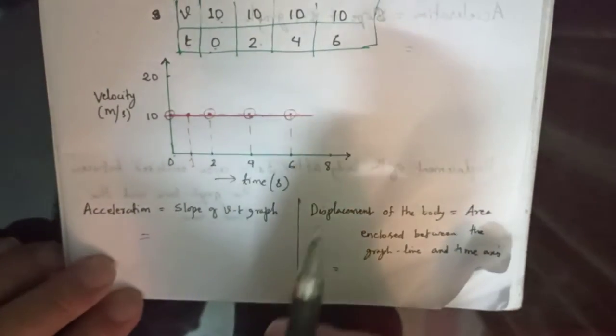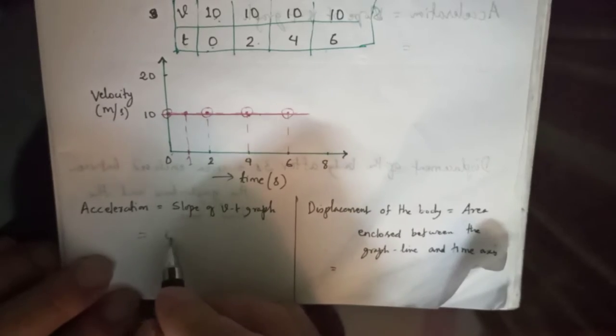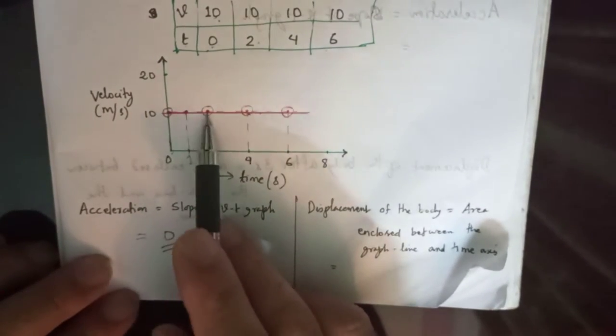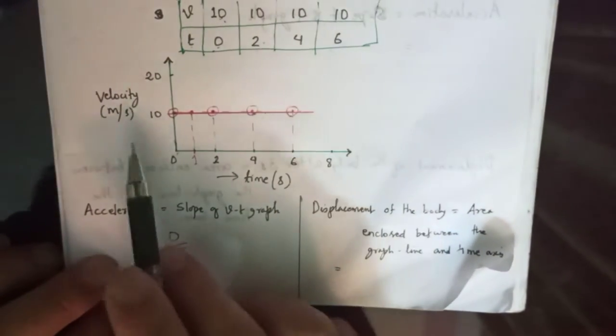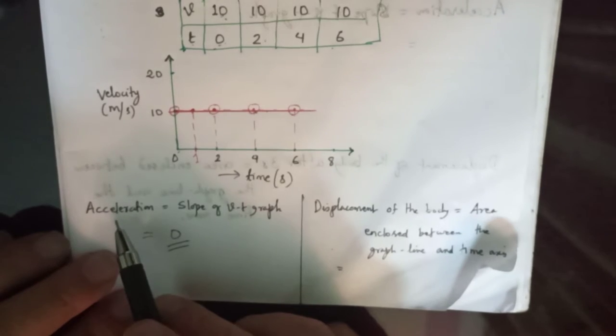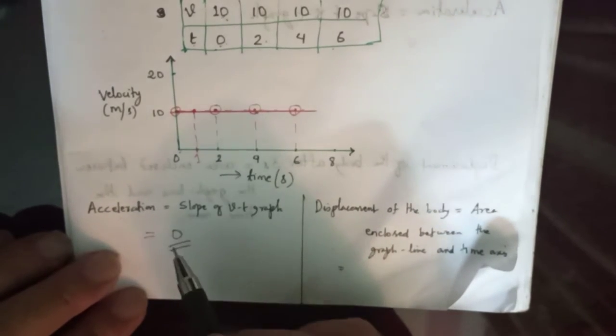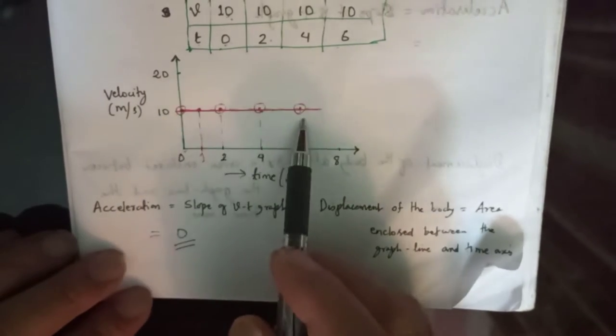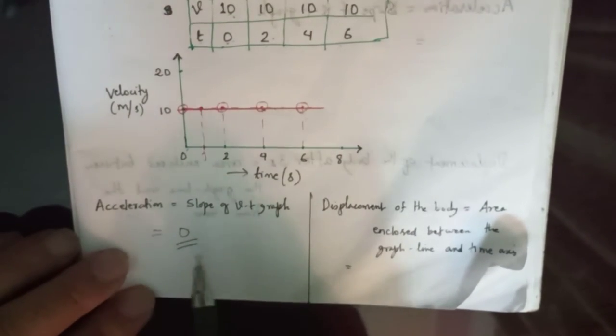It is parallel to the time axis. So slope will be 0, means that acceleration will be 0. Since the velocity is not changing with time, acceleration is 0. You know acceleration means increase in velocity with time, but with time velocity is not increasing, it is remaining constant. So that is why acceleration is 0.